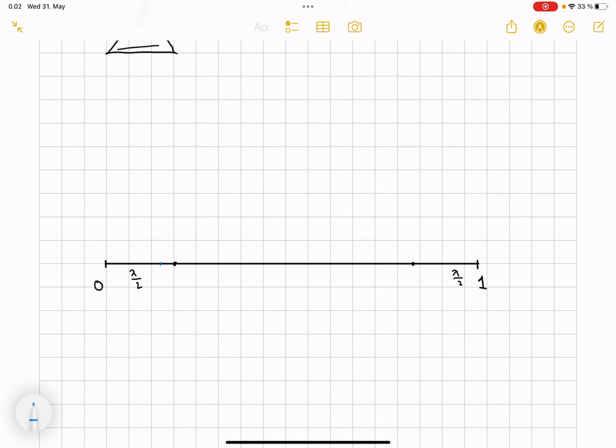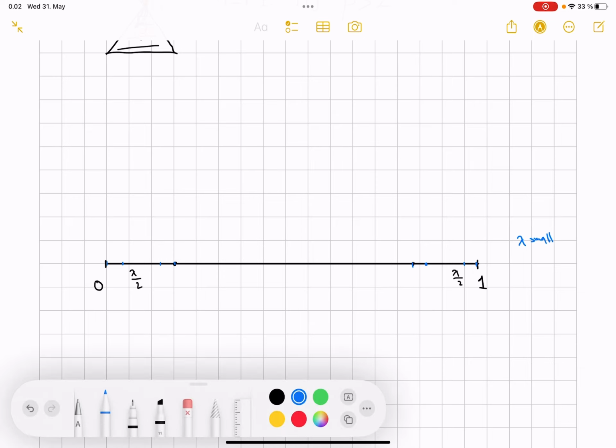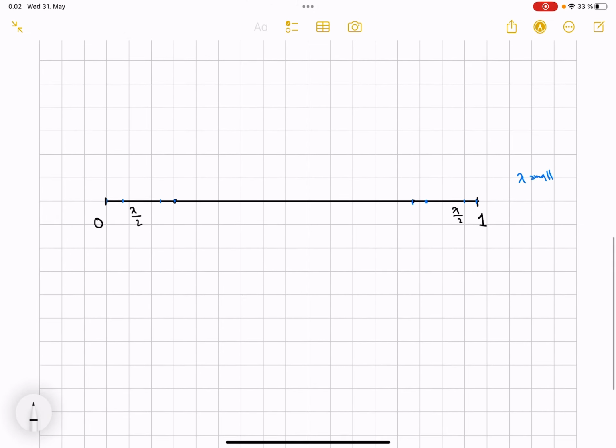You will have this from here to here and this from here to here remaining and the middle removed. Let me also do it on this side. I'm trying to go with lambda quite small, so that the removed part is large, the remaining subintervals are small, but the removed ones are big.